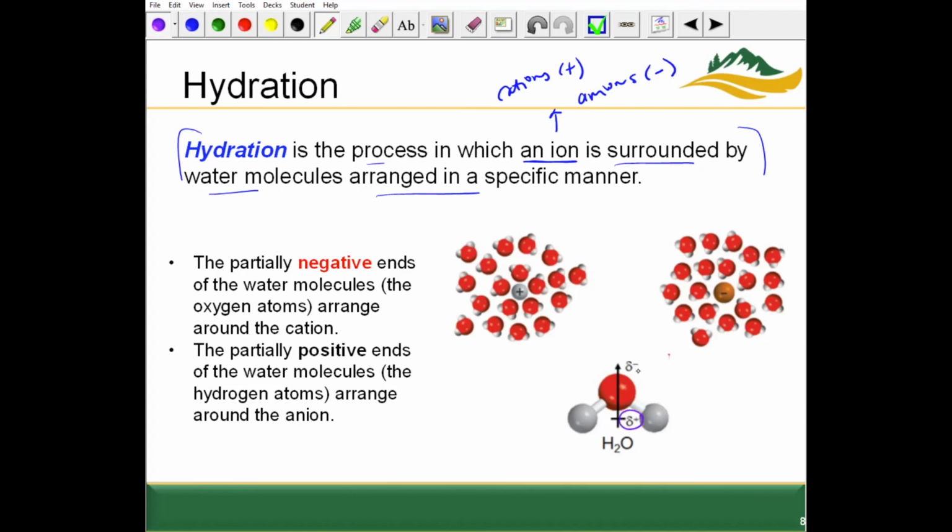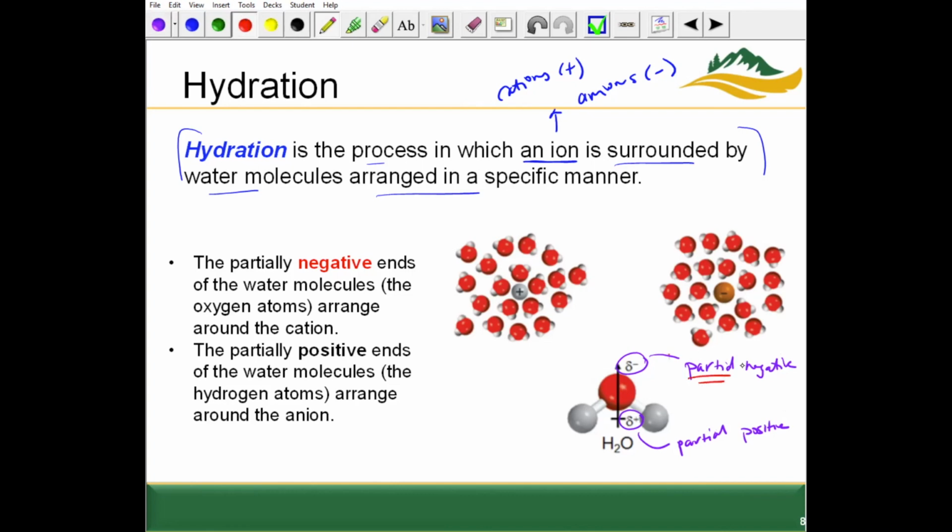It has this positive end and this negative end. This symbol notation means it has a partial negative. And this symbol notation then is a partial positive. These partial positive versus partial negative we'll also get more into. This is just a brief introduction.